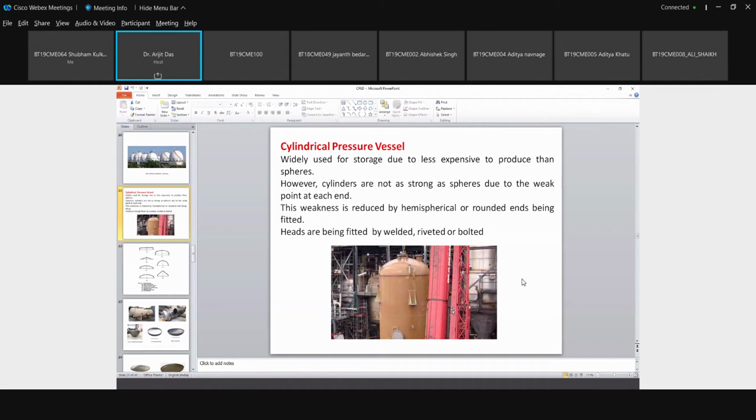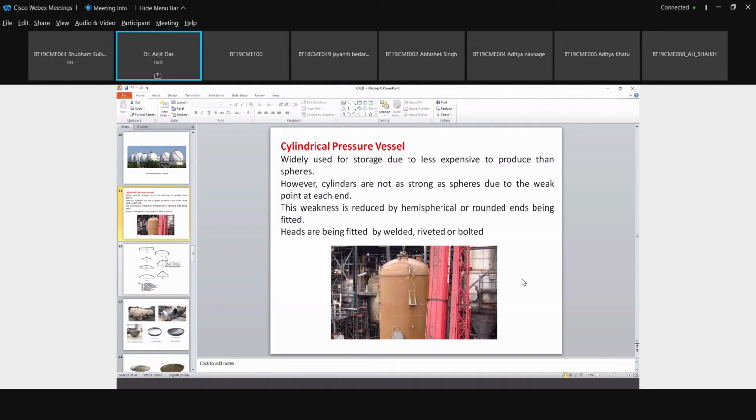Now there is another type of head, known as the formed head, where some curvature is there in the head. You can see here this is a cylinder, and the top is nothing but a head. It is a dome shape, and its outer diameter is equal to the outer diameter of the cylinder.